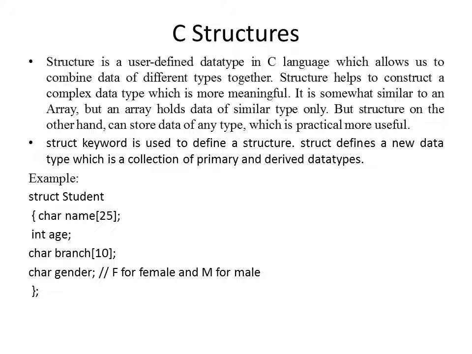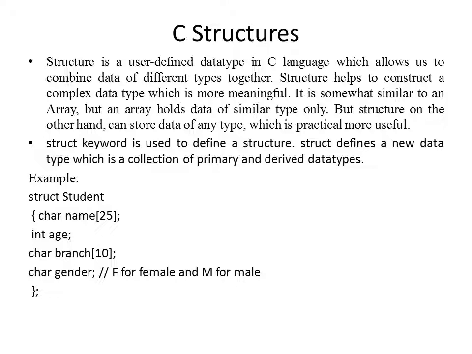Or we can take it as a string: branch, computer science stream, electronic stream, mechanical stream, and so on. And gender, male or female, we can take it as character. So to store the information of a student in real life, we need mixed type of information. We need string also, we need integer also, we need character also.